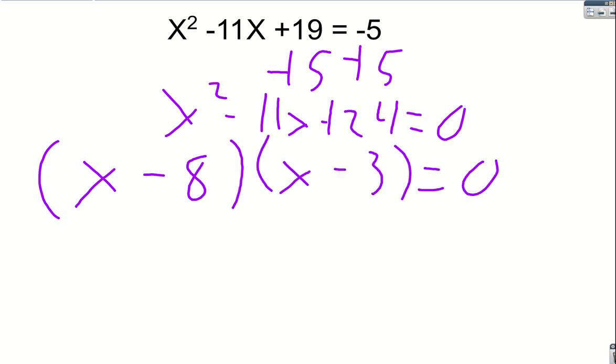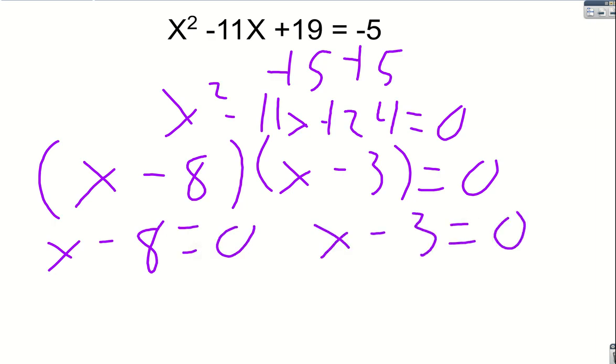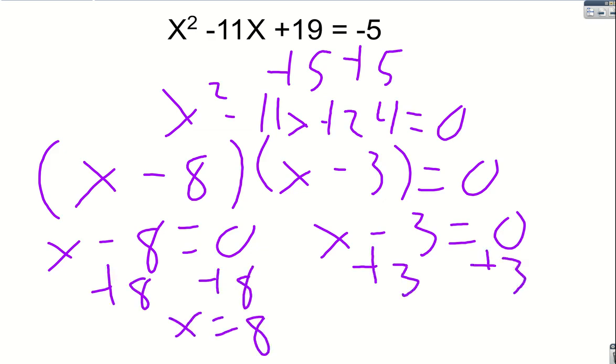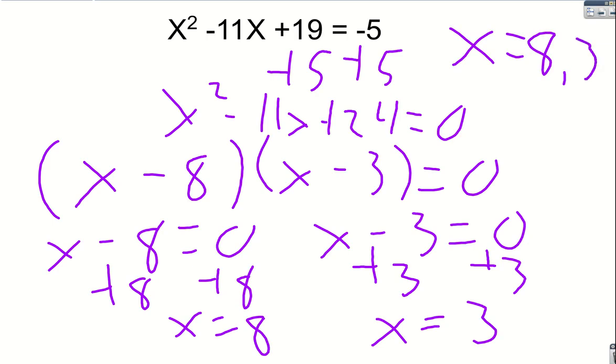Now that we've factored, we can set both equations equal to 0. And then we just solve. So my x-intercepts, or my solutions to this, are when x is 8 or 3.